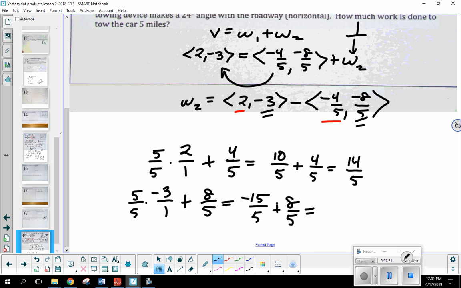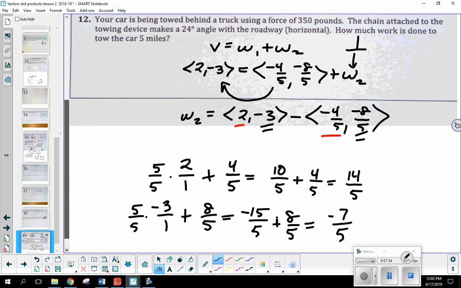Oh, now be careful. It's going to be negative, but negative what? -7/5. So that's what I'm looking for. So W2 would equal 14/5, -7/5.